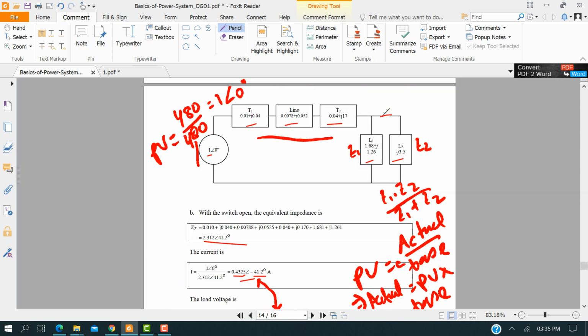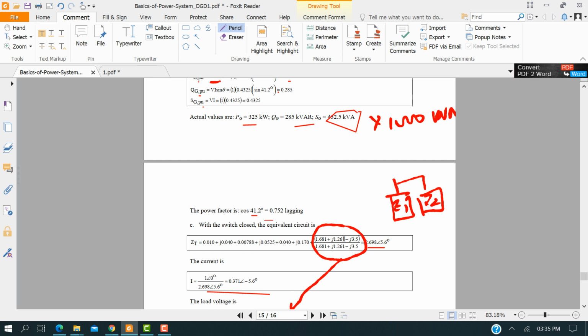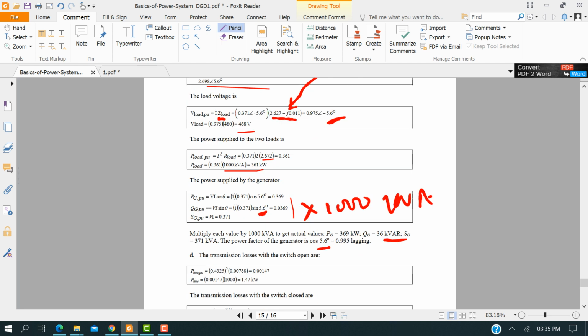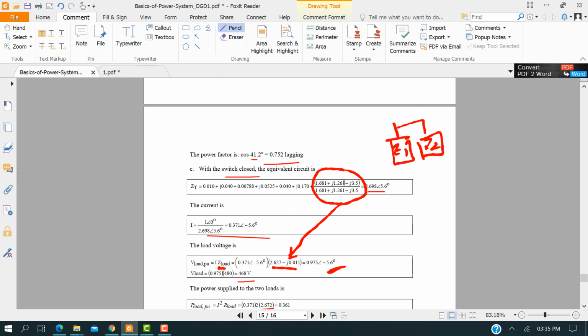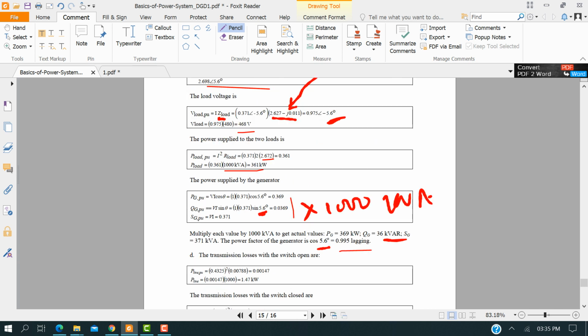Power factor here is 0.752 lagging, but when the switch is closed, I mean the capacitive load is connected in parallel with the inductive load, and you see the power factor is 0.995, and here 0.752. So the power factor is improved when we add the capacitor in parallel with the load.